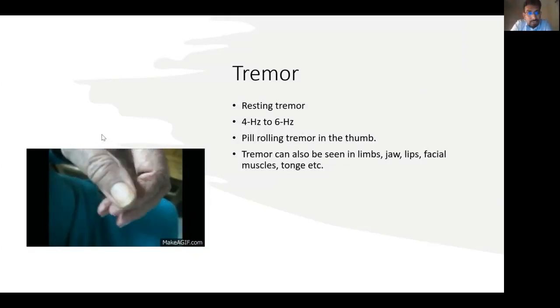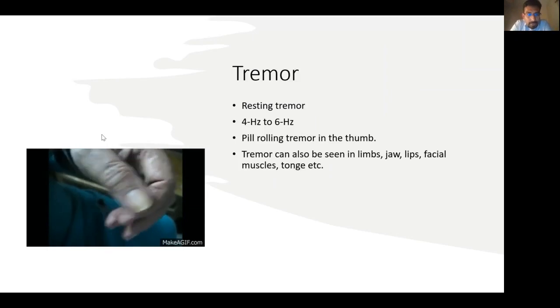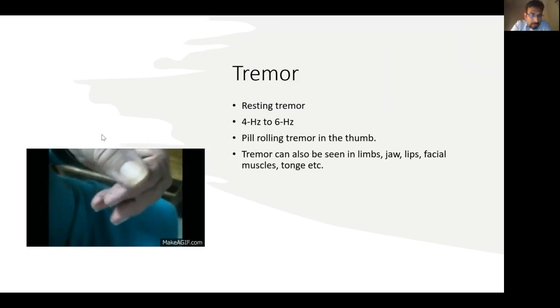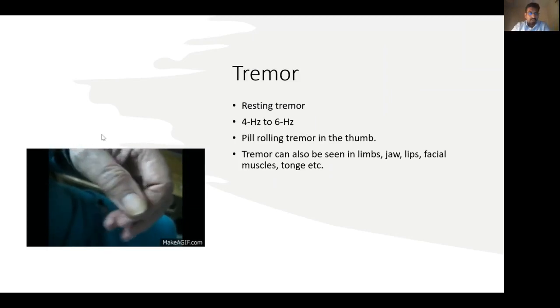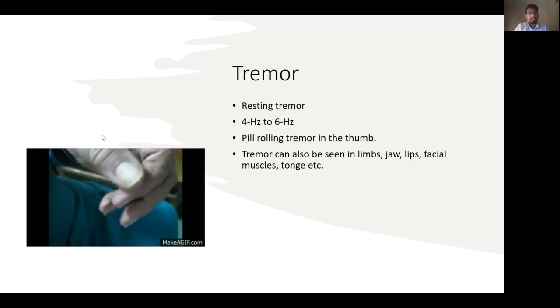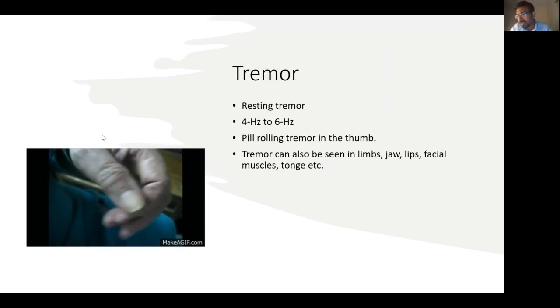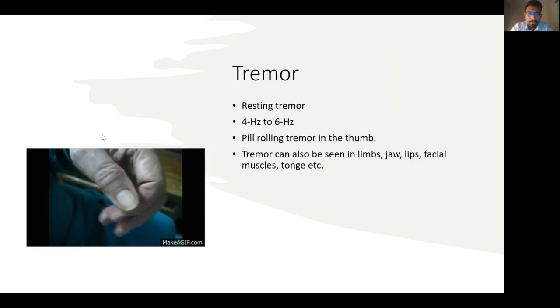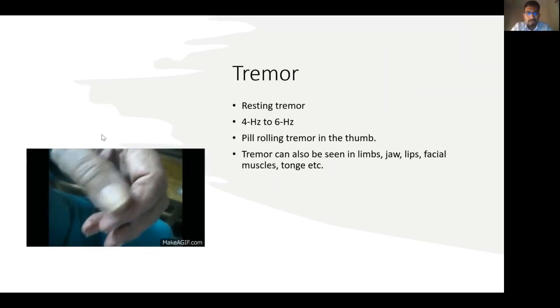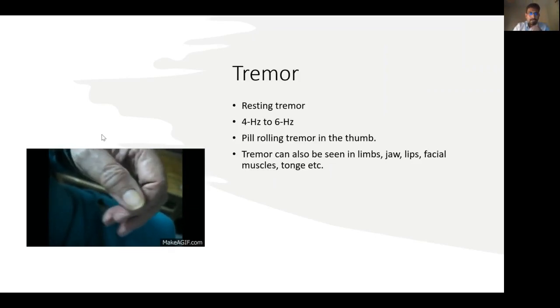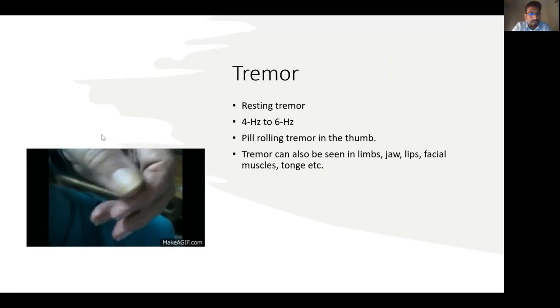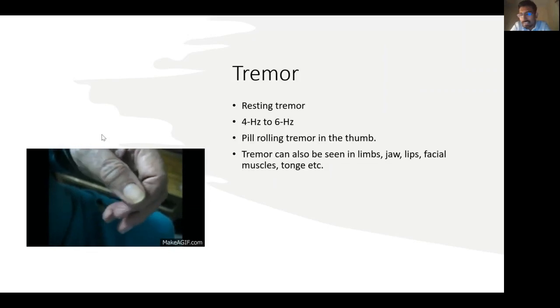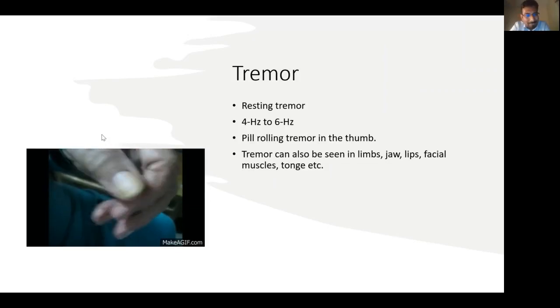Now let's talk about the first thing, tremor. As we have already said, resting tremor is the commonest and the earliest feature. In movement disorders, it's best to have an eye estimation of how it looks. It doesn't matter how much you read the description of a tremor or how much I try to explain, it doesn't leave a long-term impact. But if you see how it looks, then next time you will know it immediately.